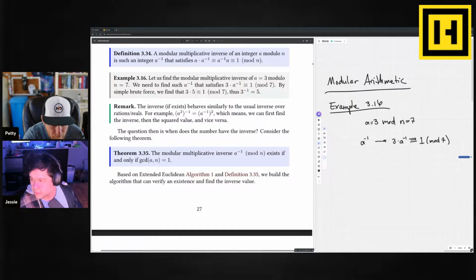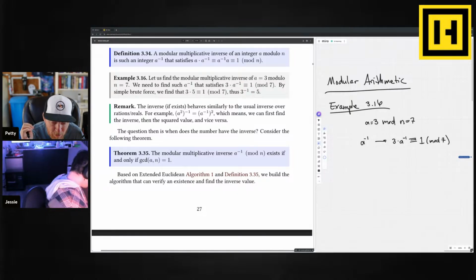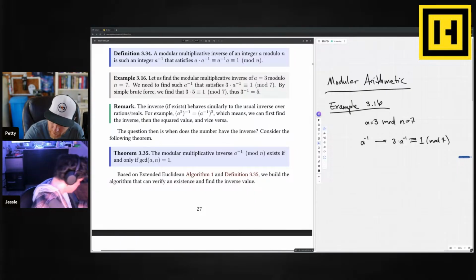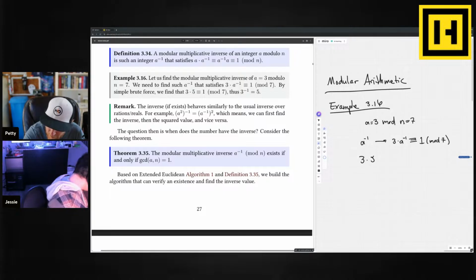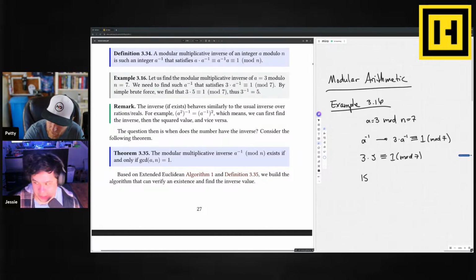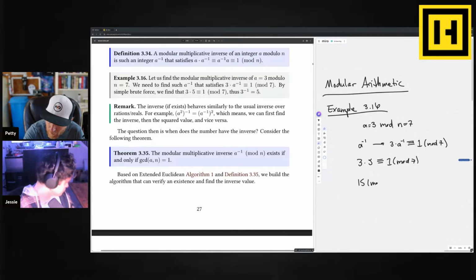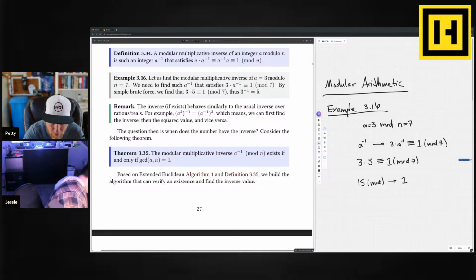What? How is 3 times 5 congruent to 1 mod 7? It's 15. So if I'm thinking this out, 3 times 5 is congruent to 1 mod 7. Mod 7 gives you 1 as a remainder, right?